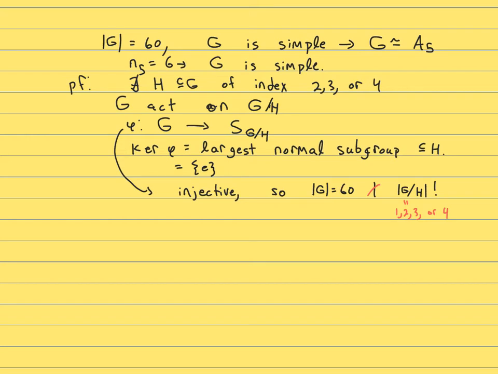So now we look at n2. Before, we've studied that it can be either 3, 5, or 15. Note, of course, whatever it is, it's the index in G of the normalizer of any corresponding Sylow 2 subgroup.